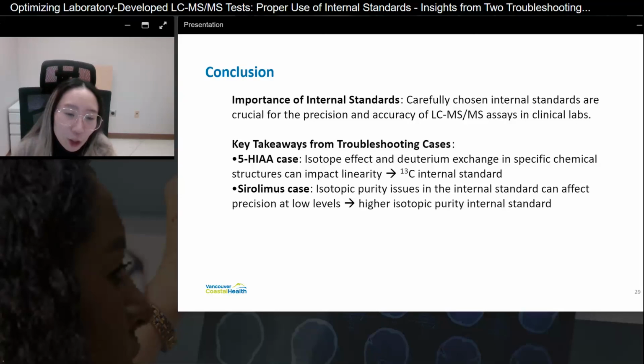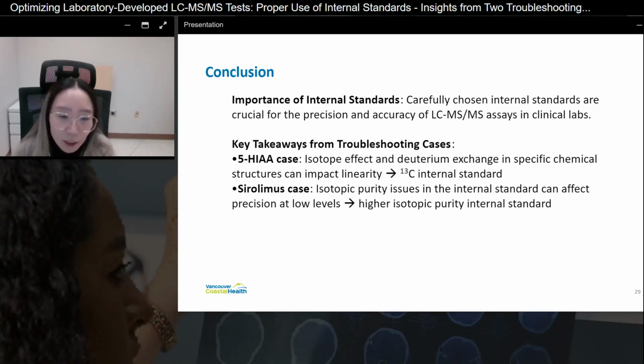In the 5-HIA case, we observed how isotope effect and deuterium exchange can affect linearity. And for the sirolimus assay, we learned that isotopic purity can actually affect imprecision, particularly at low concentrations.